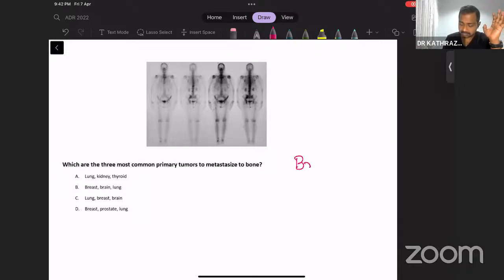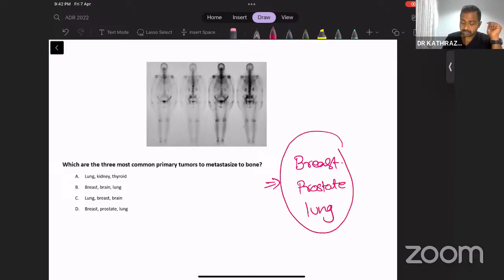Breast. This is like a recent update, guys. Which is the most common malignancy to metastasize to bone? Breast. Next only to breast, prostate. Next only to prostate, lung. This is the order: breast, prostate, and lung.